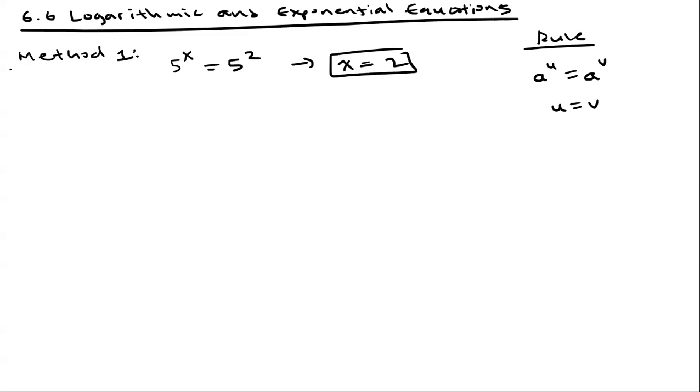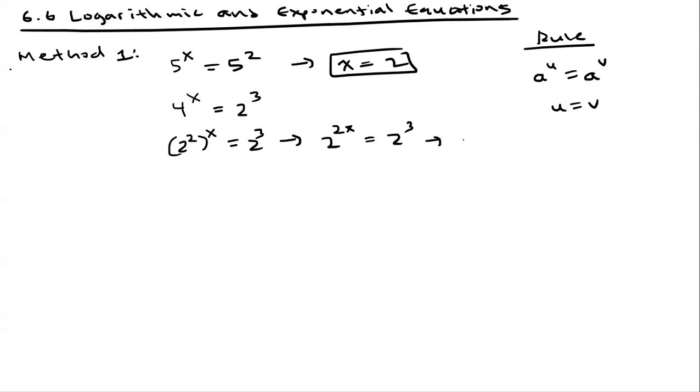Okay, now let's say the bases were different. So, let's say we had 4^x equals 2 to the third. What we needed to do here was change the base. So instead of 4^x, we could write that as 2 squared raised to the x power equals 2 to the third. And remember, a power raised to a power, you multiply, so this becomes 2 to the 2x equals 2 to the third.